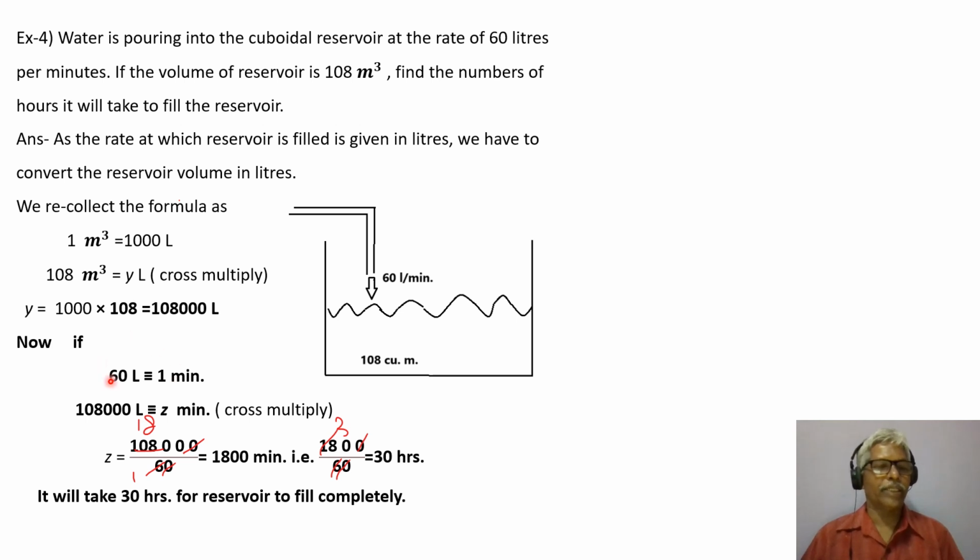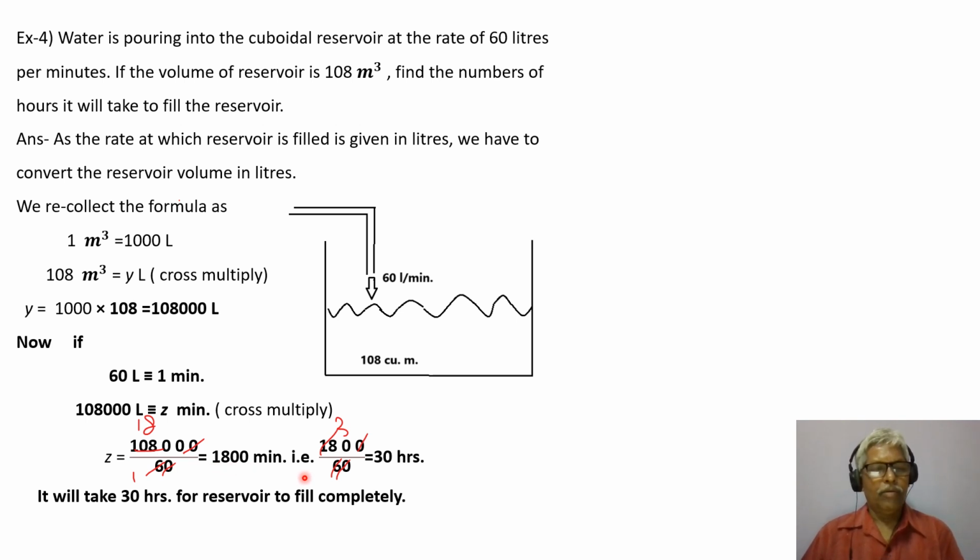You may take it like this, but then both should be on the left side. And cross multiply, you have to find z equal to 108,000 divided by 60. 00 goes, and then 6 goes here, get 18. What is left is 1800 minutes.